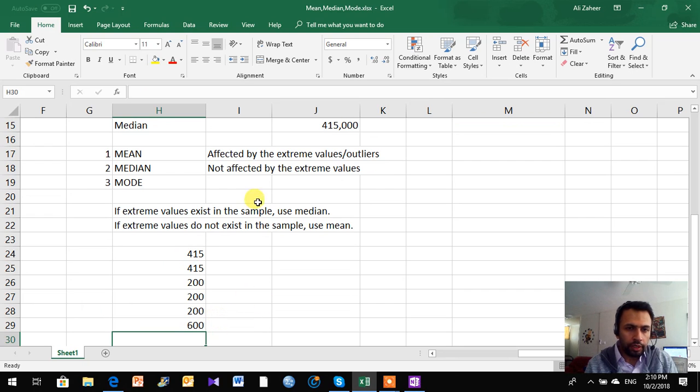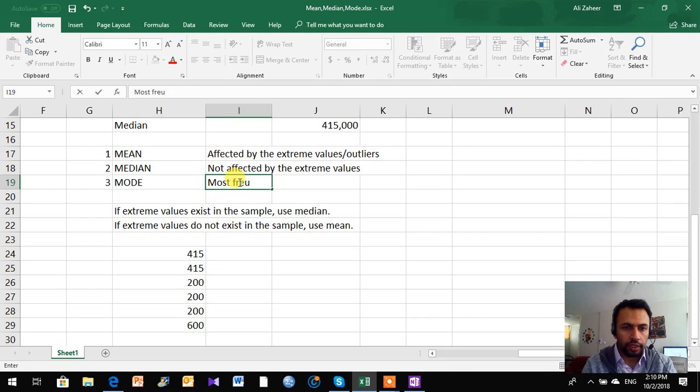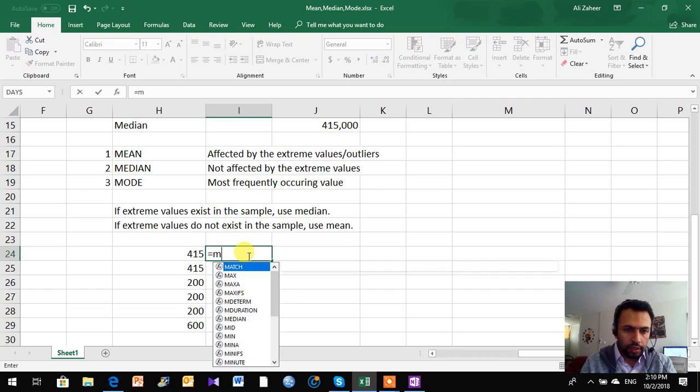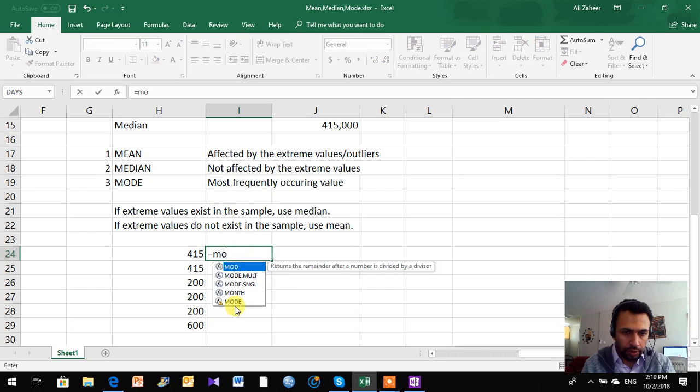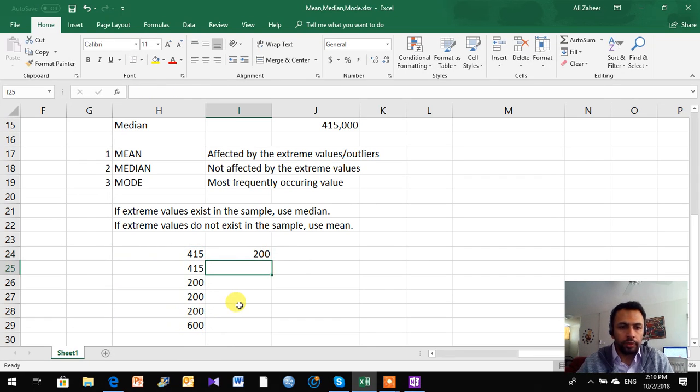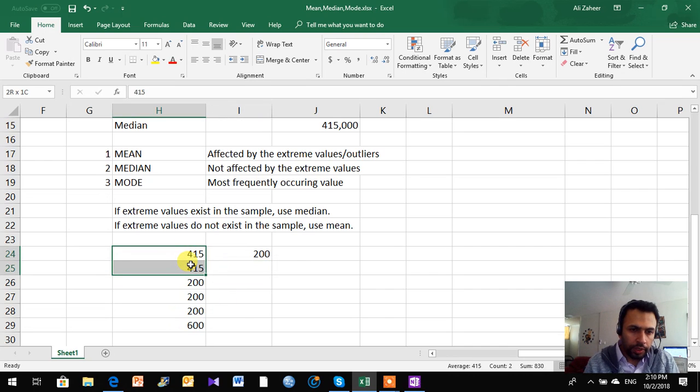The mode is the most frequently occurring value. So if we want to see what the mode is, simply click on this, select all values, and the mode is 200. The 415 is also repeating, but the most frequently occurring value is 200.